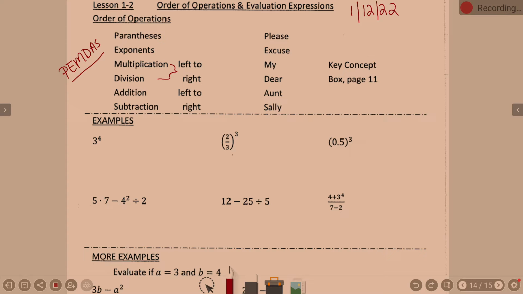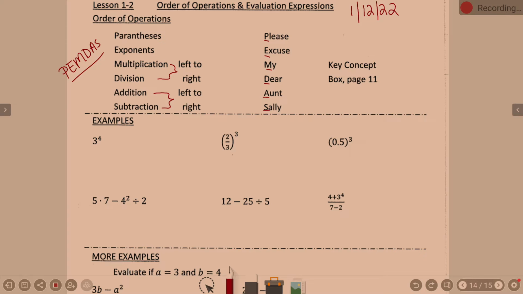So as you look at your problem, you do all multiplication and division from left to right. And then what? All addition and subtraction in order from left to right. Okay, that's our rules. Whether you think PEMDAS or please excuse my dear Aunt Sally, those are just words to help you remember.